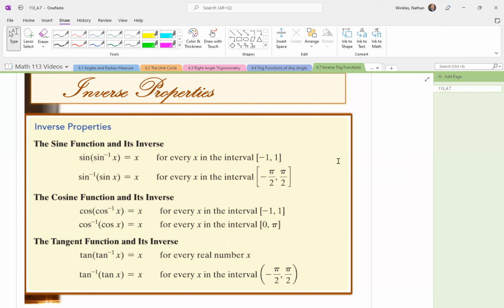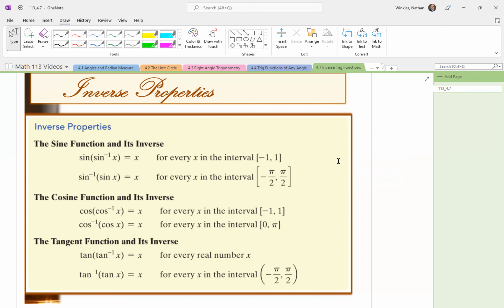Cosine inverse of cosine of x is equal to x for every x in the interval 0 to pi. The tangent of tan inverse of x is equal to x for every real number x. And tan inverse of tangent of x is equal to x for every x in the interval -π/2 to +π/2.